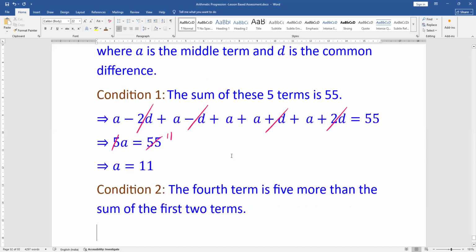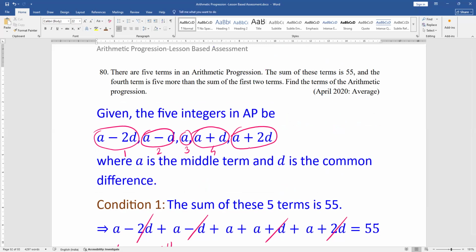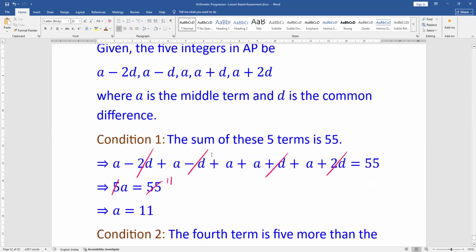Now, the fourth term. When I say fourth term, what is the fourth term here? Let me write it here better. This is the first term, this is the second term, this is the third term, this is the fourth term, this is the fifth term. Now the fourth term is 5 more. 5 more means what?